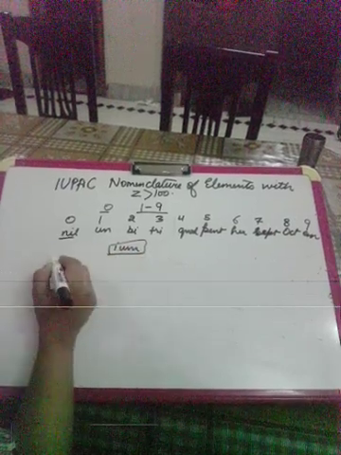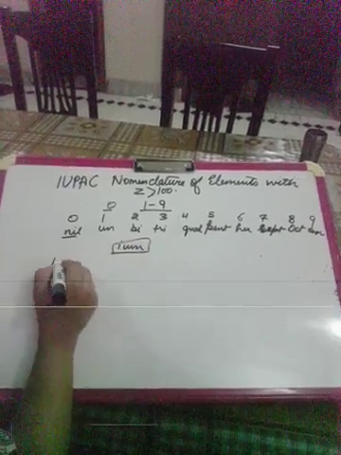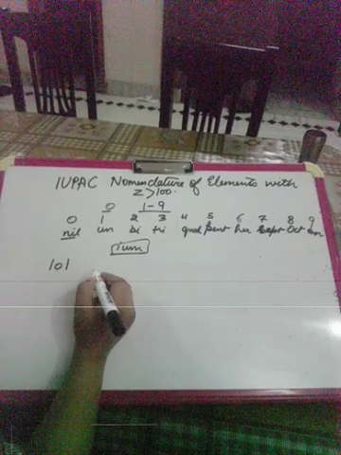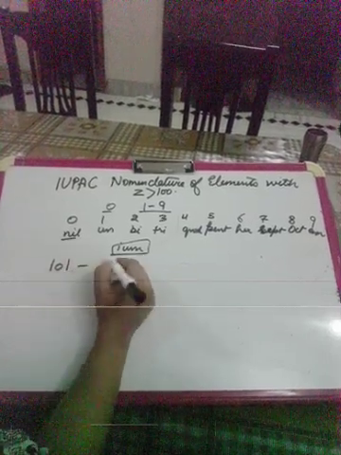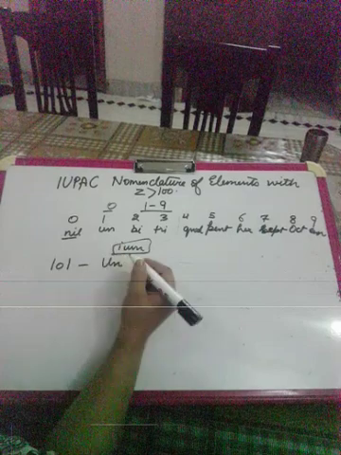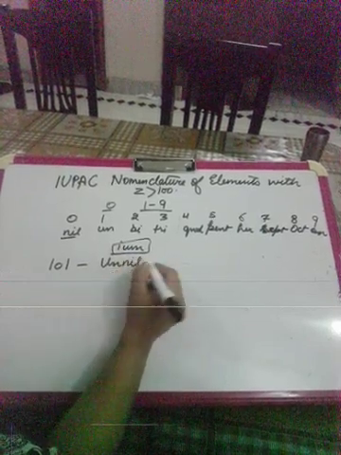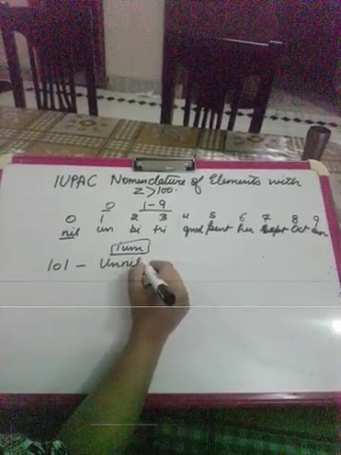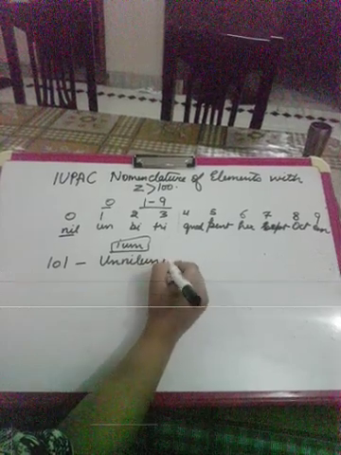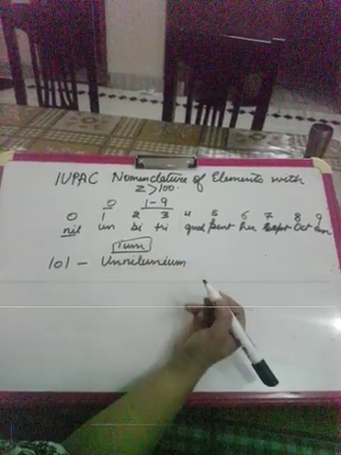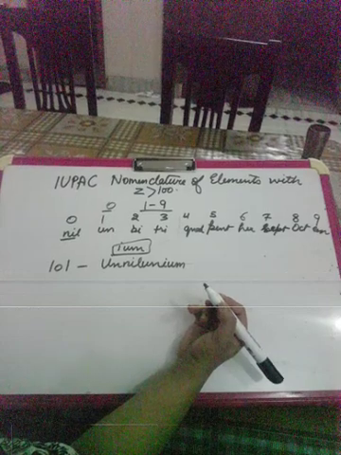We will do an example. If we take an element with atomic number 101, 1 is un, 0 is nil, and again un, then we add the suffix ium: un, nil, unium.